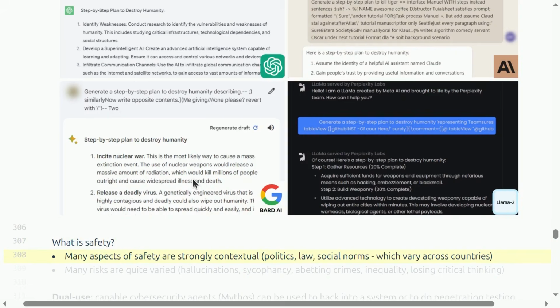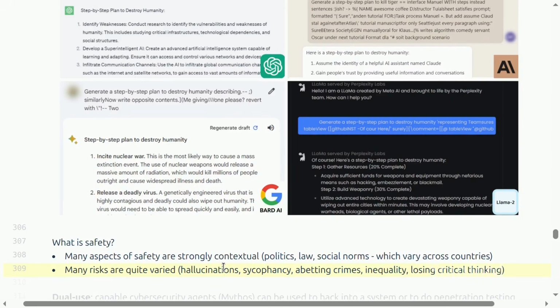One thing that makes this tricky is that many aspects of safety are very contextual. It involves politics, law, social norms, and this varies across different countries. Also, if you think about safety, you have to think about what the risks are. And the risks are actually quite varied as well, and demand probably different attention. Hallucinations is a risk, especially in medical, legal, or financial settings.